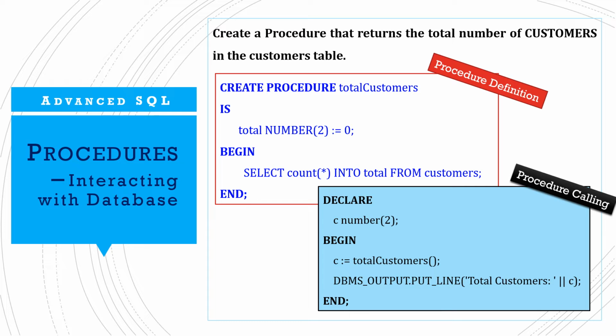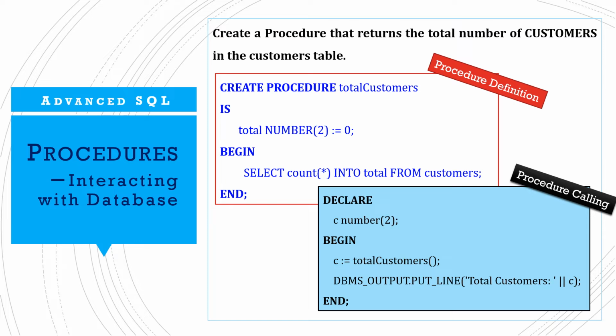Then begin, select count star into total from customers, end. Okay, so the count star, that aggregate function calculates the total number of customers from the customer table, and that one will be assigned to the variable total.